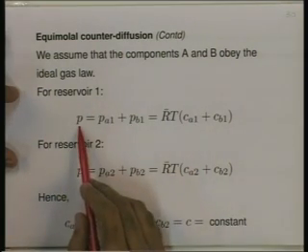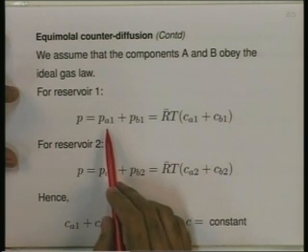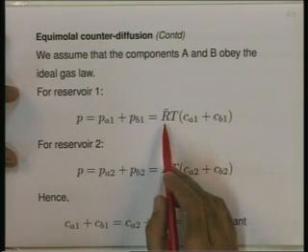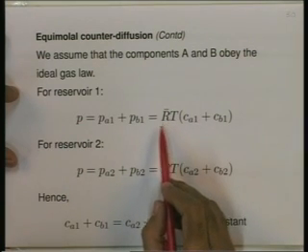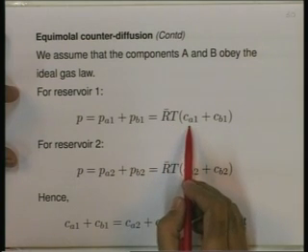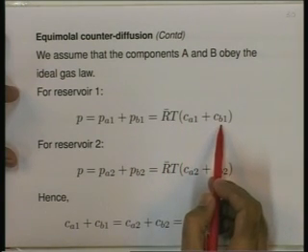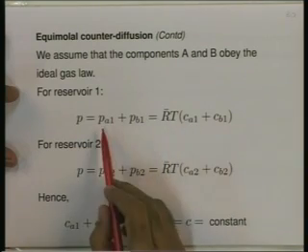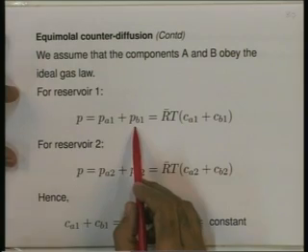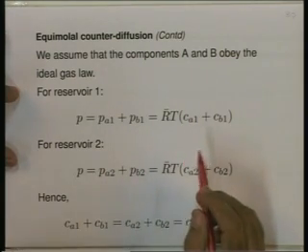The total pressure of reservoir 1 is made up of partial pressure of component A and partial pressure of component B, and in terms of the universal gas constant R bar, we get the right hand side equal to R bar T into Ca1 plus Cb1. R bar T into Ca1 is Pa1 and R bar T into Cb1 is Pb1. That is the ideal gas law.